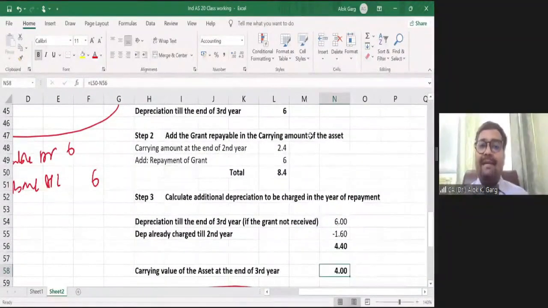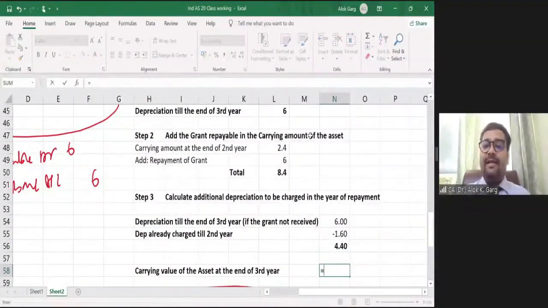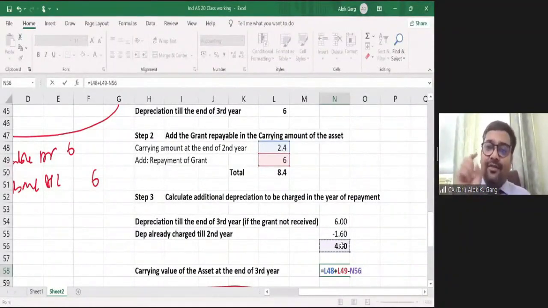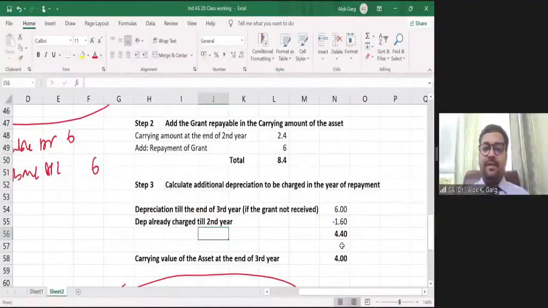Then what will be the carrying value at the end of the third year? The carrying value at the end of the third year will be 2.4 plus 6 minus 4.4. Because this 2.4 is the carrying value at the end of the second year, this 6 lakh has been added because we are repaying the government grant, and this is the third year additional depreciation.